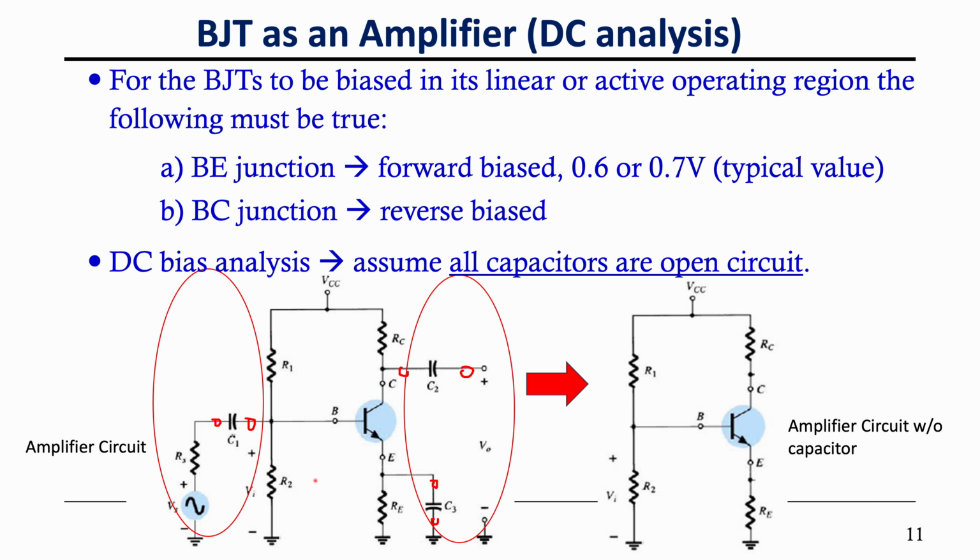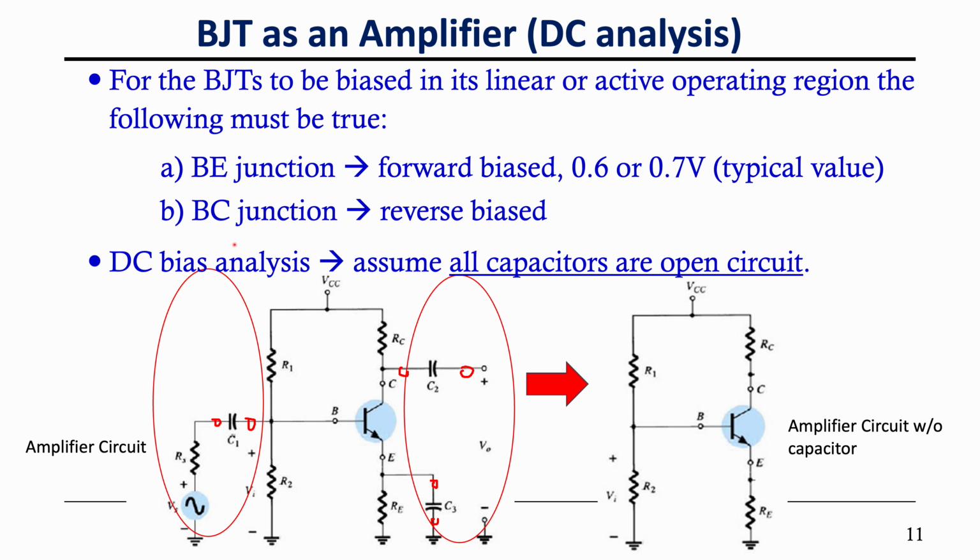The BE junction is usually forward biased. The voltage drop is usually 0.7 volts, or if a specific value is mentioned, you have to use that specific value. If it is not mentioned, we use the typical value of 0.7. The BC junction is usually reverse biased.